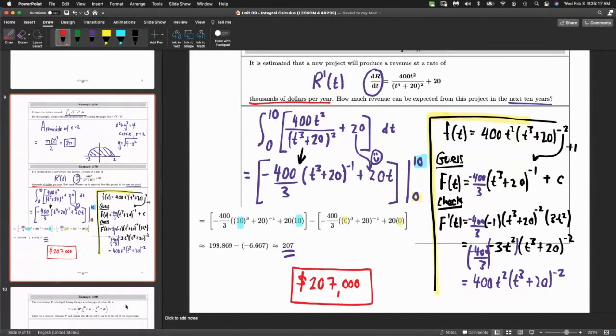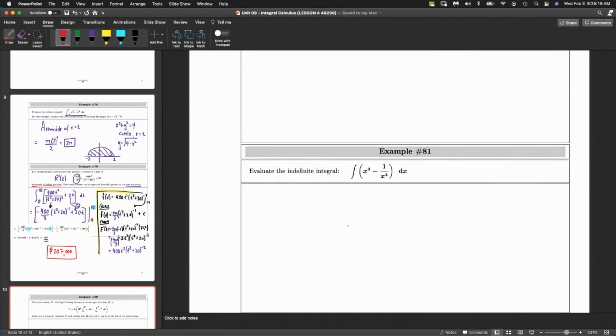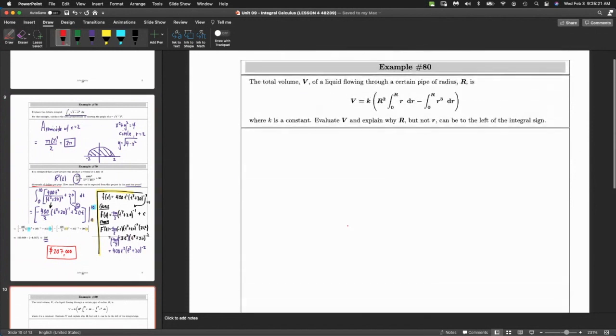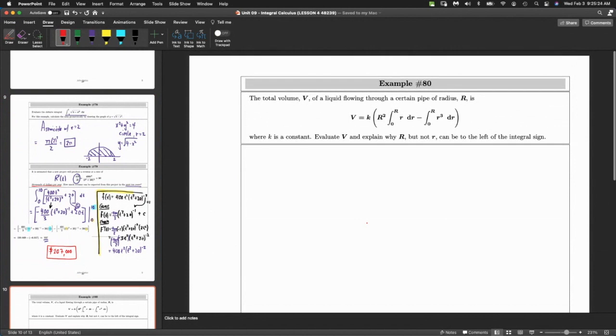So let's take a look at question 80. In this question, I'm not asking you to invent something or create a formula. You have a volume of liquid flowing through a pipe of radius r.